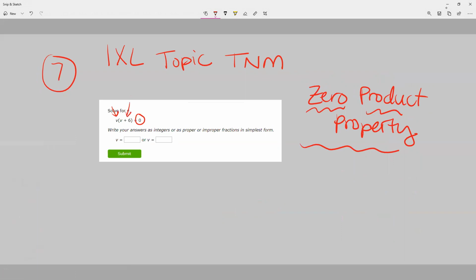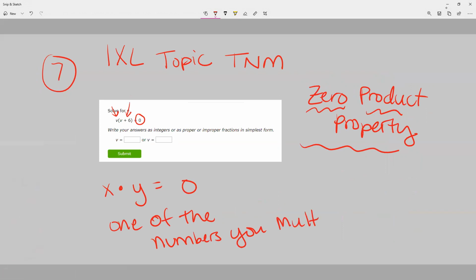Because if you're doing something times something equals 0, one of the somethings that you multiply together must be a 0. Right? Because that's the only way to make this multiplication problem equal 0. V times v plus 6 equals 0. So you're saying either v equals 0 or v plus 6 equals 0. And so the idea is to solve these two things.